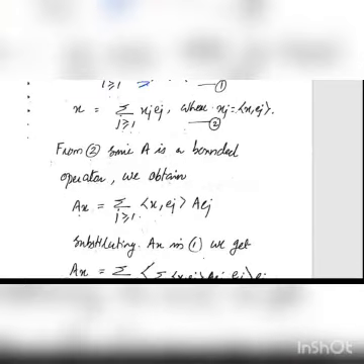A bounded linear operator is given on a Hilbert space, and you have considered an orthonormal basis. Since A is bounded, we get A of x equal to this quantity, and substituting this A of x in your equation 1, we will get Ax equal to sigma i greater than or equal to 1 of this expression, as I have substituted.